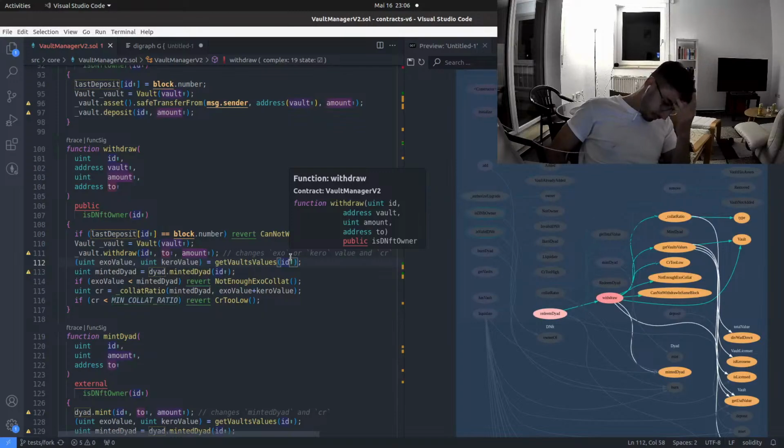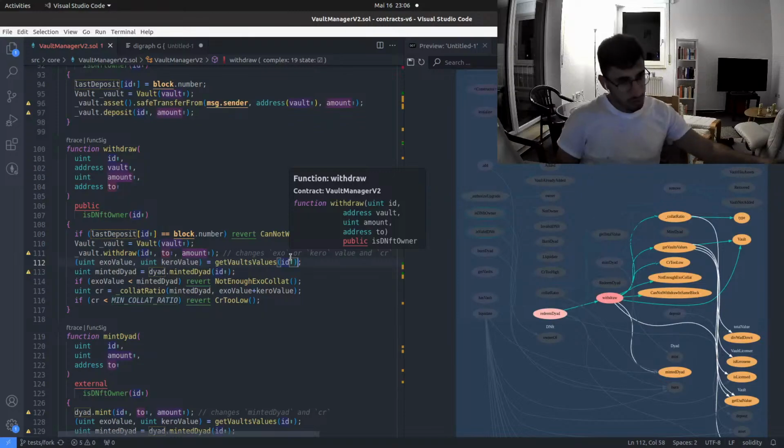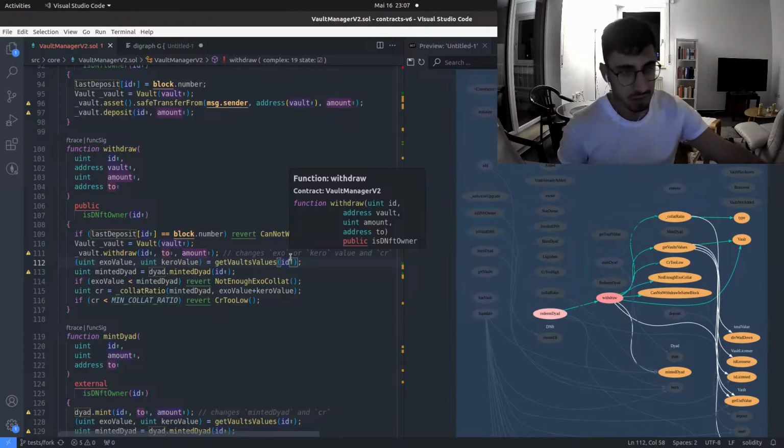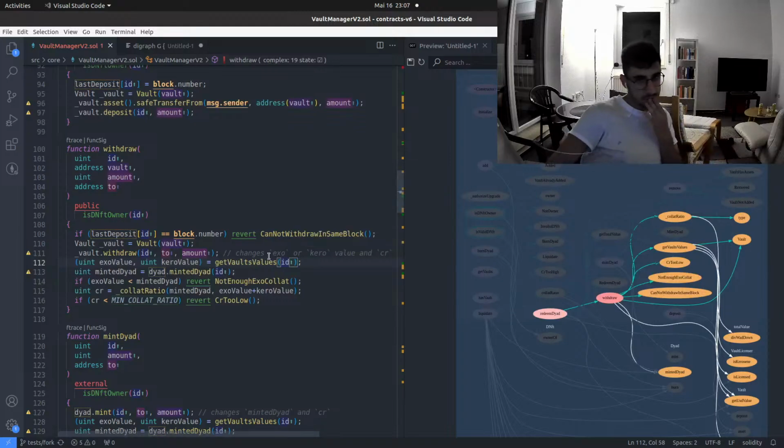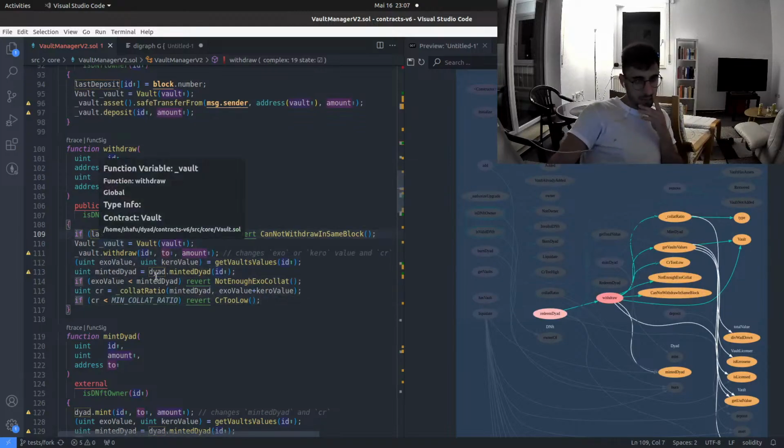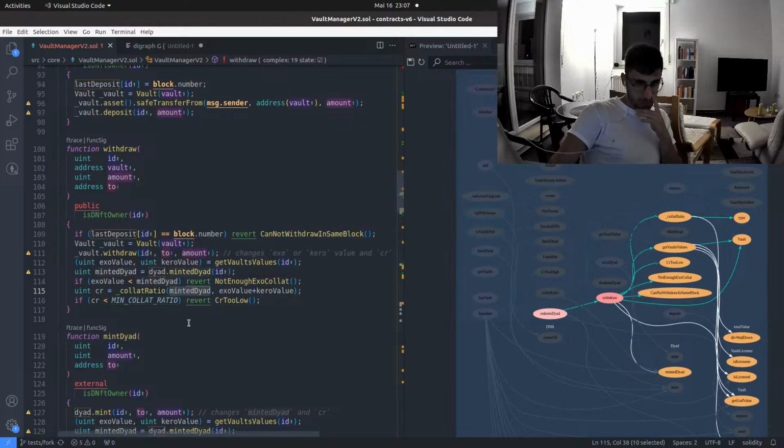But what's the benefit? What's the benefit of being liquidatable? There is none. So yeah, I don't really get this issue. I don't think it's an issue.